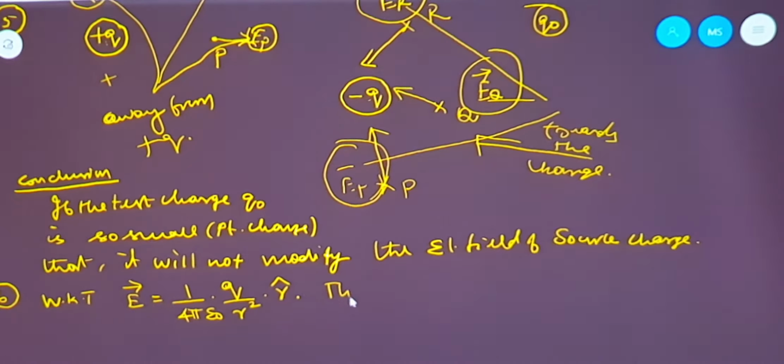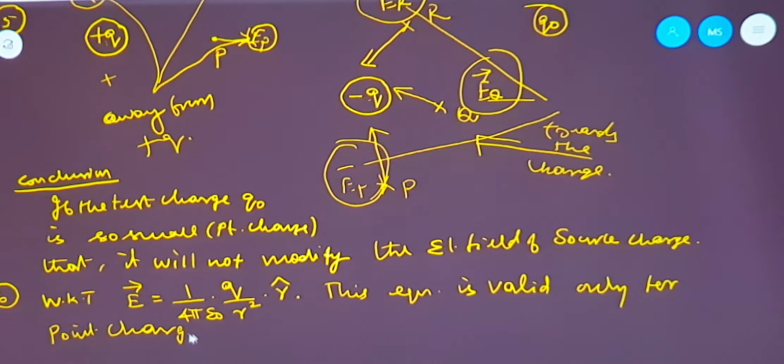This equation is valid only for point charges. Is there any other charge available? Yes, the charges available in a sphere, or in a long rod, or in a disk. In that case, we call it a continuous distribution of charges. In that continuous distribution, we cannot apply this.